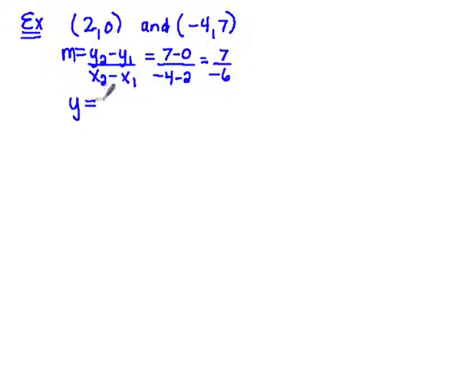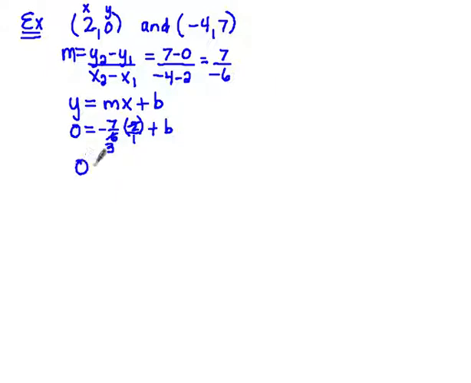So we have y equals mx plus b. 2 is an x, 0 is a y. So I have 0 equals negative 7/6 times 2 plus b. Now let's see. That can be written as 2 over 1. 2 goes into 6 3 times.